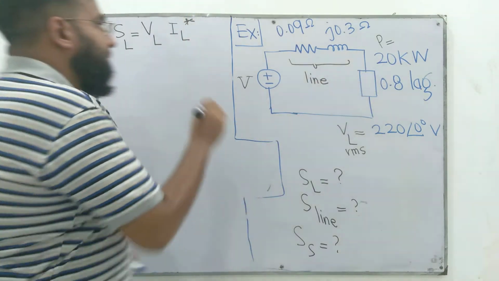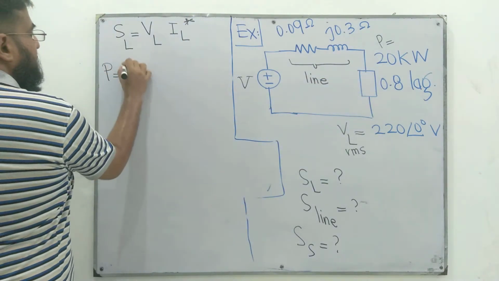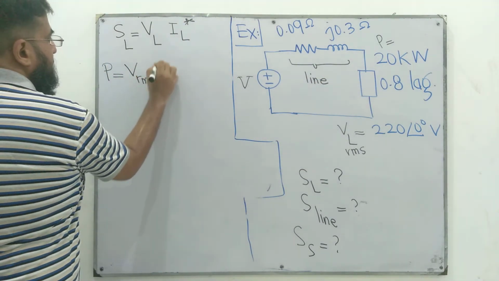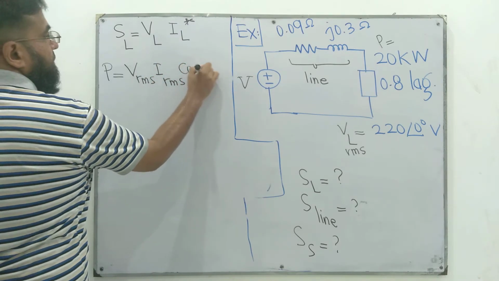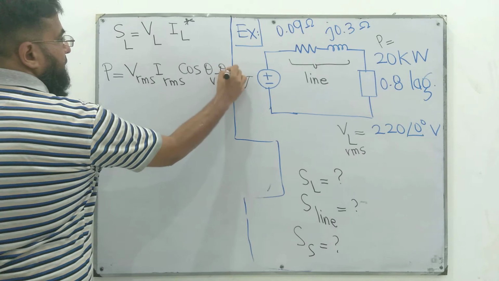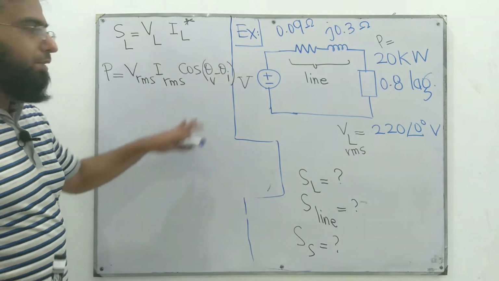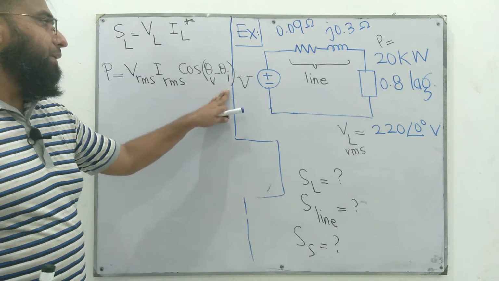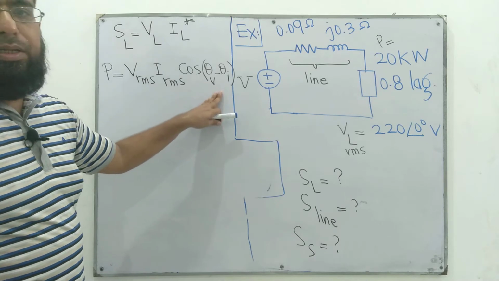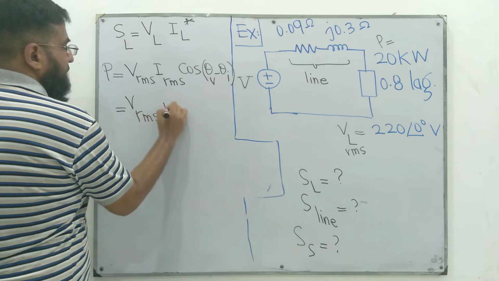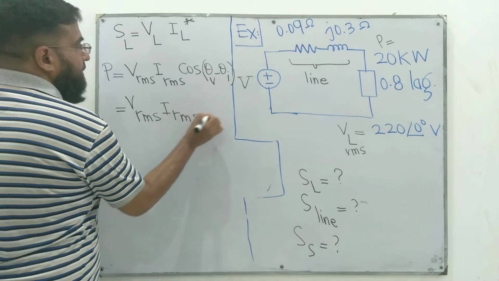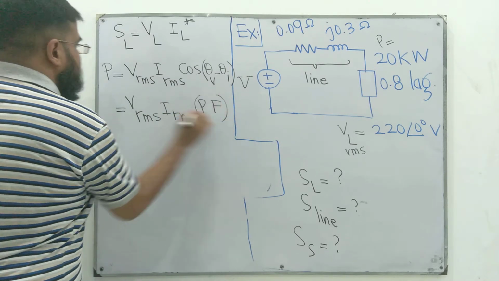Active power is V RMS times I RMS times cos of theta V minus theta I, and cos of theta V minus theta I is the power factor.